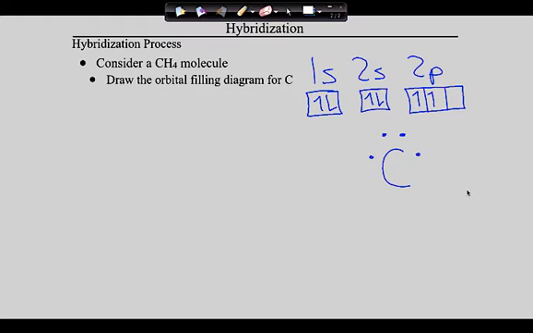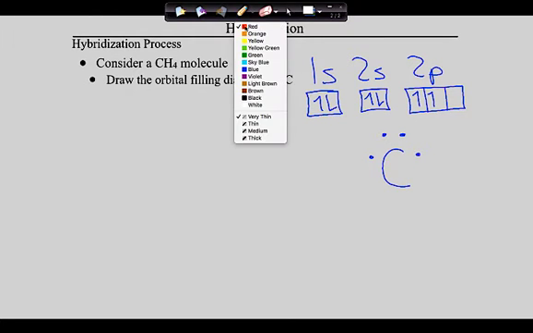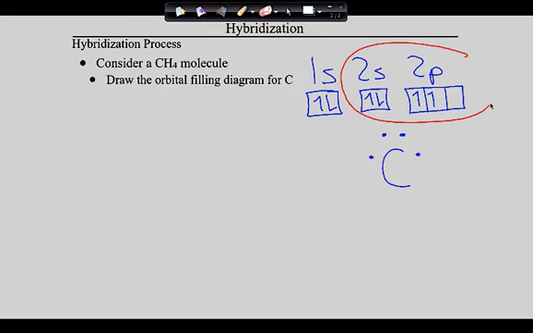And guys, here's what happens. These valence s and p orbitals, for lack of a better term, mate together. And they have little orbital babies. And guys, here's the thing.